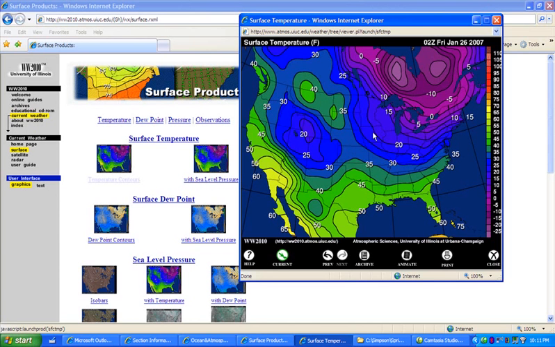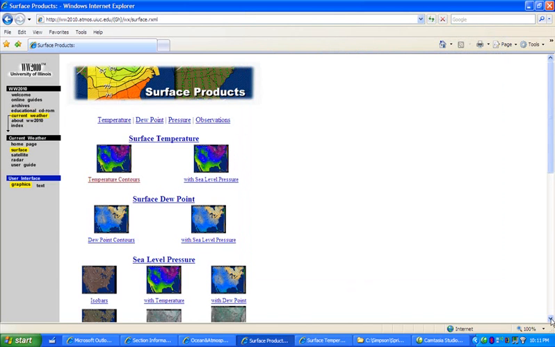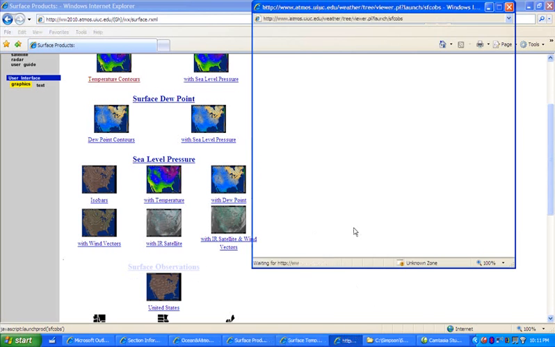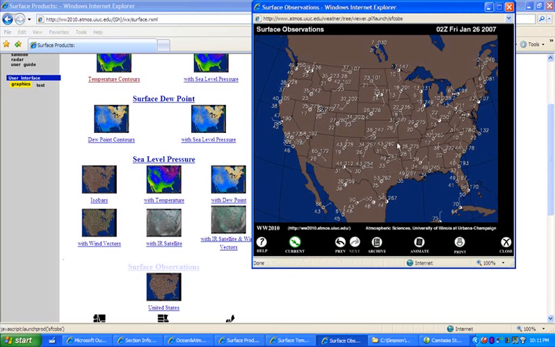We'll also need to see what the wind directions are. Let's pull up the wind direction and go to surface observations. Click on that. We see that winds are out of the south, southwest, at about 5 knots.